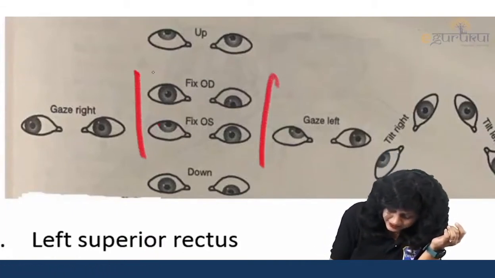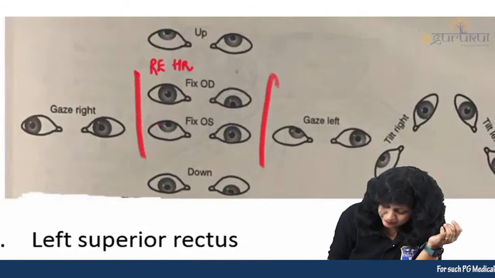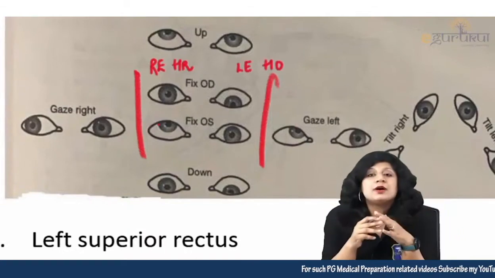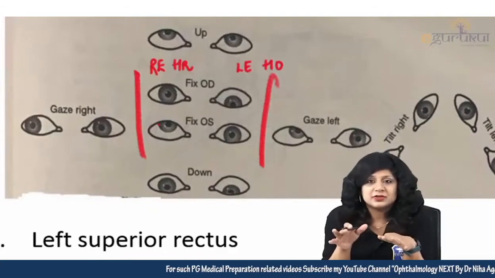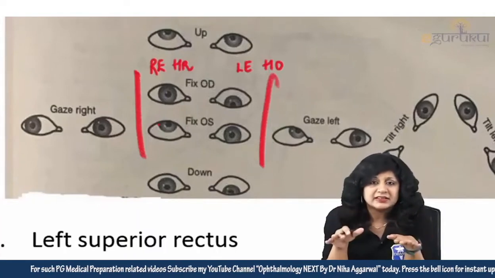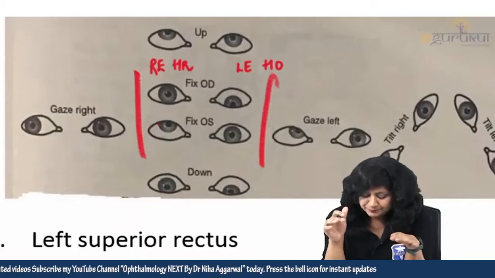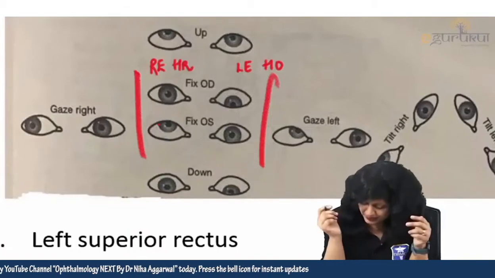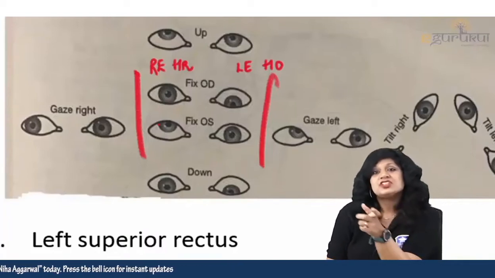If you look here, there is a right eye hypertropia, or you can say there is a left eye hypotropia. Because we do not clinically evaluate patients in terms of hypotropia, we say it's a right eye hypertropia. But either way, it is either a right eye hypertropia or a left eye hypotropia, and we need to see in which gaze and which tilt this is increasing.